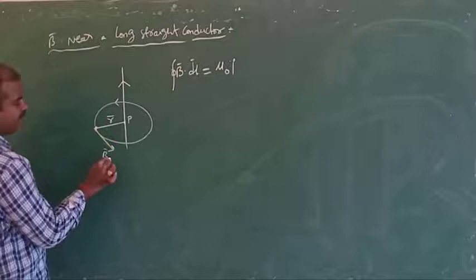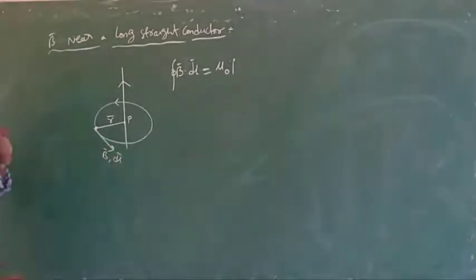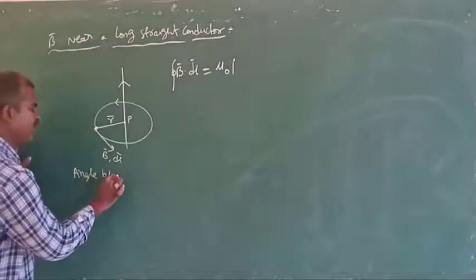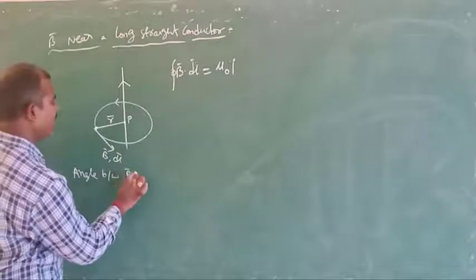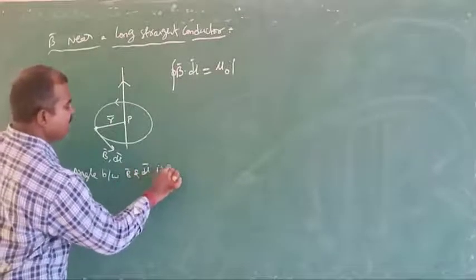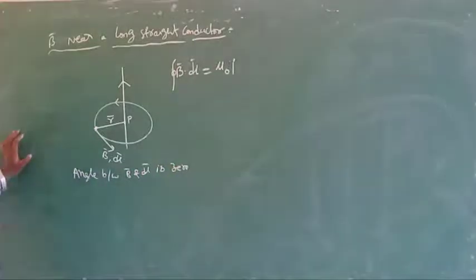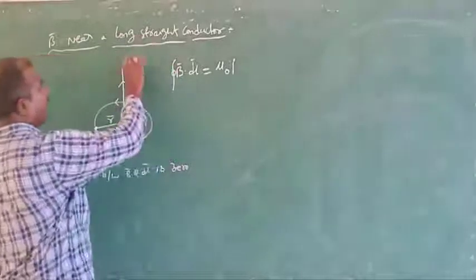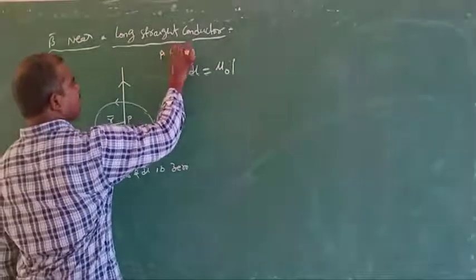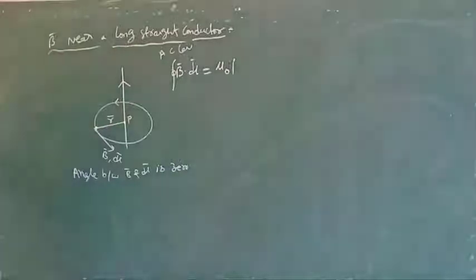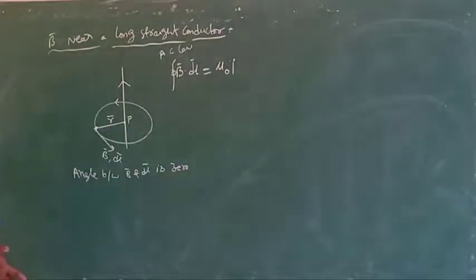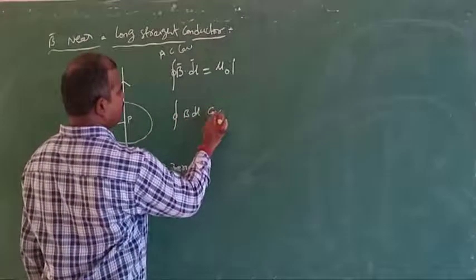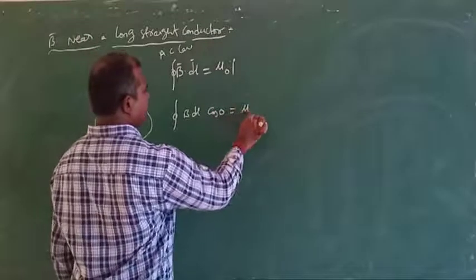Both are in the same direction, which means the angle between B and dl is 0. Therefore, according to Ampere's circuital law, integral B dot dl is equal to mu naught I. Here integral B dl cos 0, and cos 0 is 1.